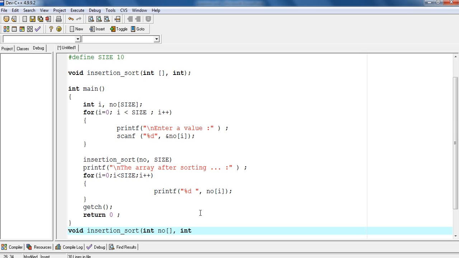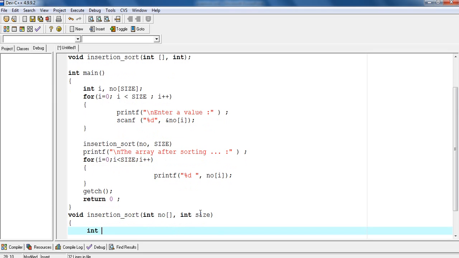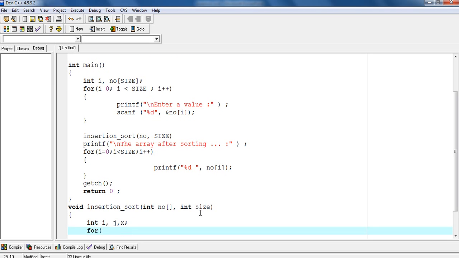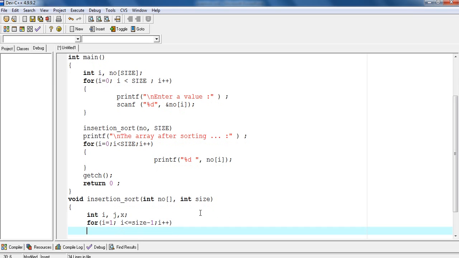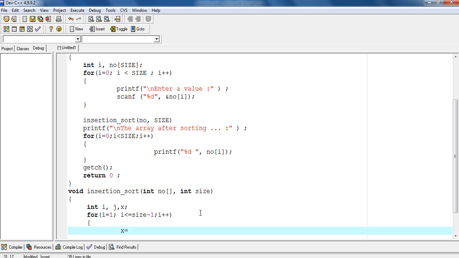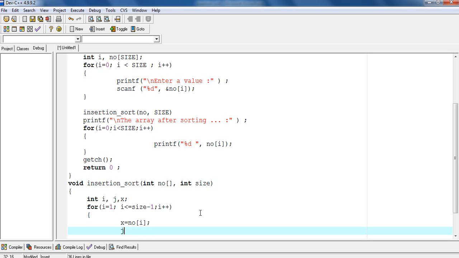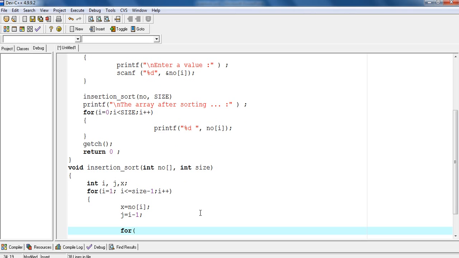Size, i, j, x. for i equals to 1, i less than or equal to size minus 1, i plus plus. x equals to no i, j equals to i minus 1.